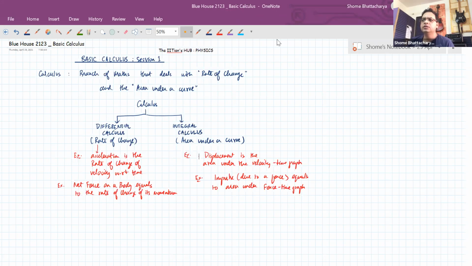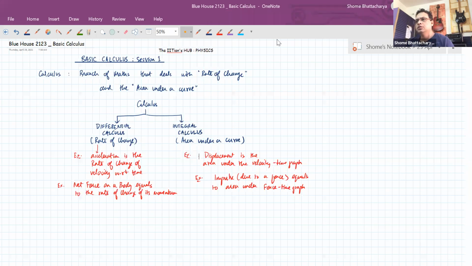We will discuss later today how the story of the falling apple also has a message in it as far as the concept of rate of change is concerned, and how the differential calculus story actually started from that point onwards, when Newton started studying the motion of objects which are accelerated.